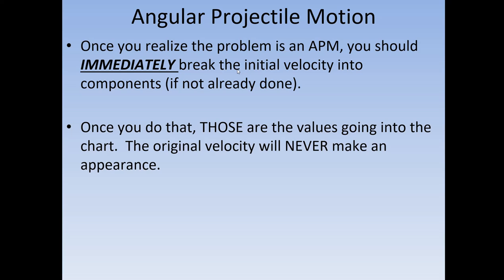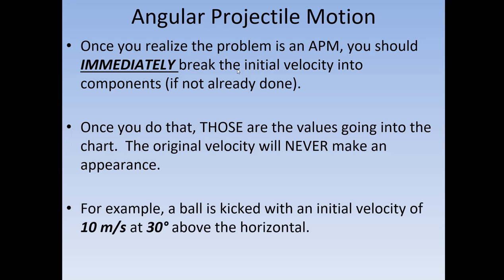But other times, especially with free response questions, they're going to give you an angle and you need to make sure you immediately break it up into components. And then once you do that, that original number never gets used again. You ignore it, erase it, cross it out, do something. Never use those numbers again. You're only using the components.